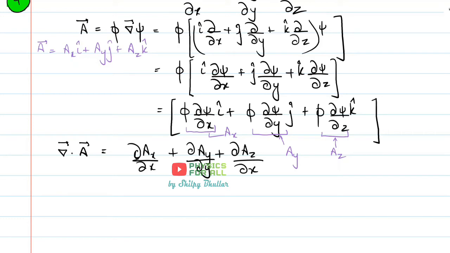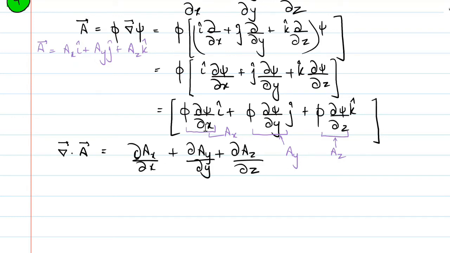Then we add that to the partial differentiation of vector A's y component with respect to y, and then we add the third term, obtained by taking the partial differentiation of the z component of vector A with respect to z.